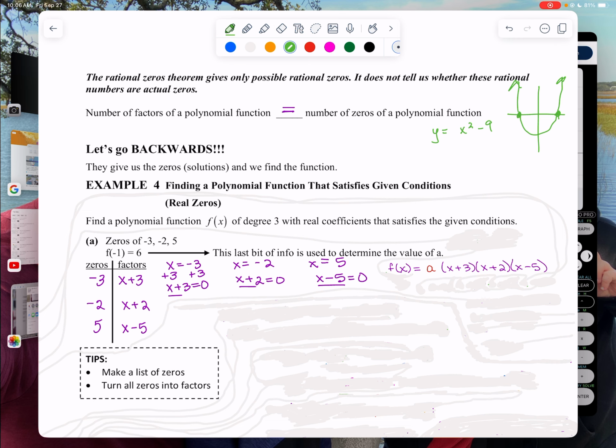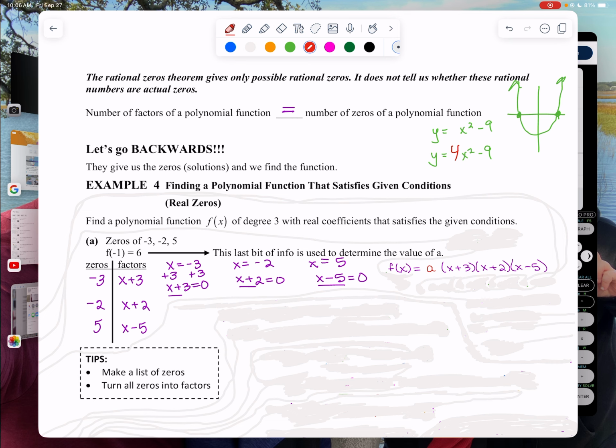If you don't believe me, you can pause it, throw it in your calculator, and you'll see that. Now if I put a 4 in front of that x squared, making it 4x squared minus 9, do you remember what that 4 does to it? It's going to stretch it out.